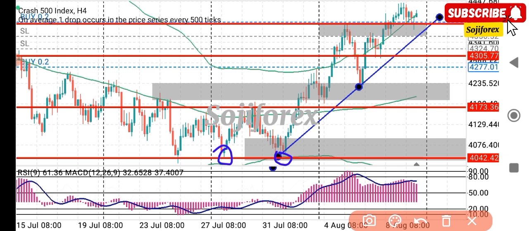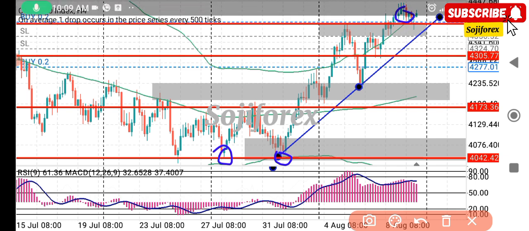And if price must sell, it will start from the upper Bollinger Band. So these are the two zones. Every buy movement starts from the lower Bollinger Band. Every sell movement starts from the upper Bollinger Band.